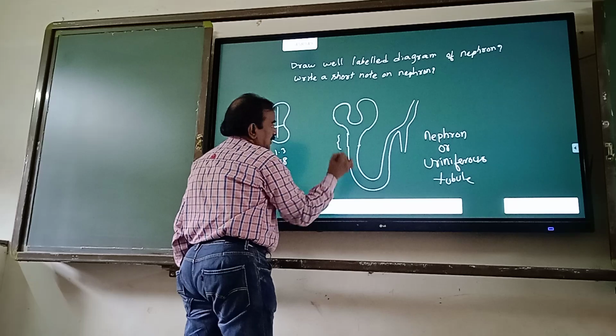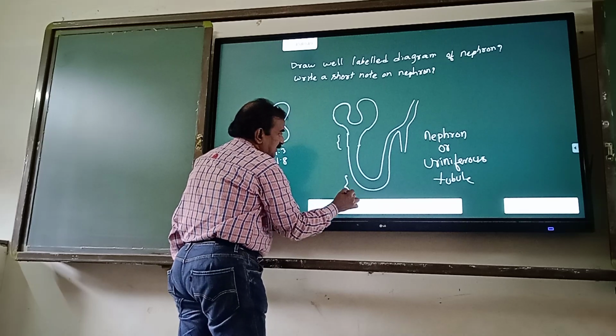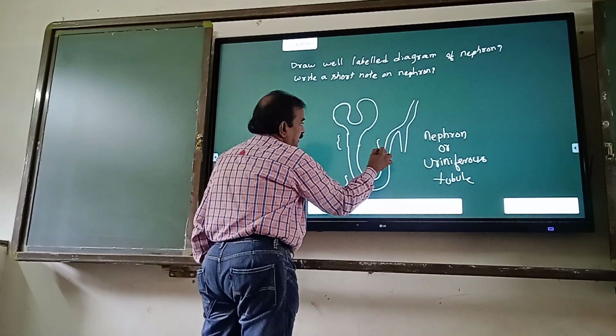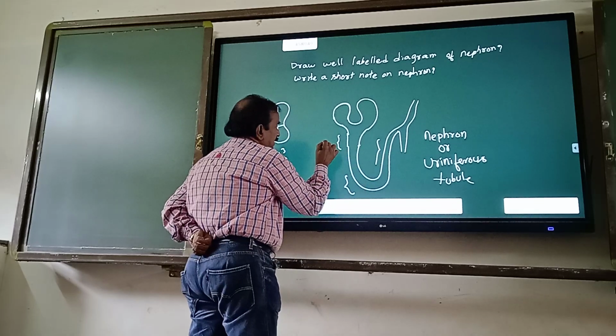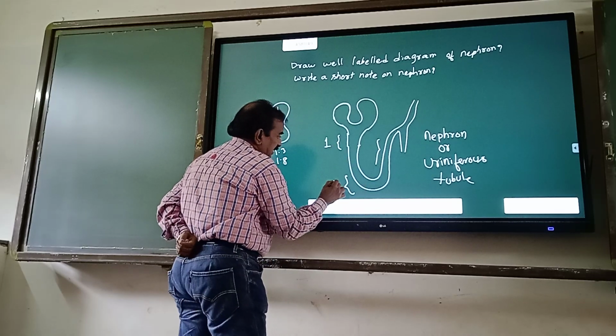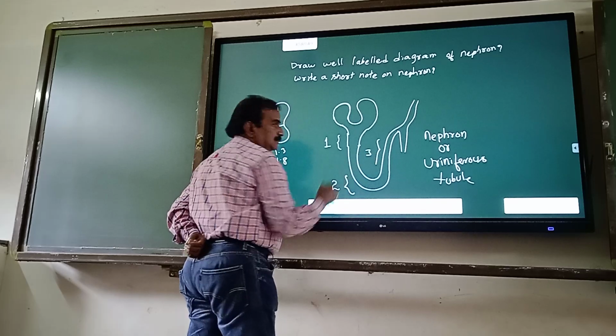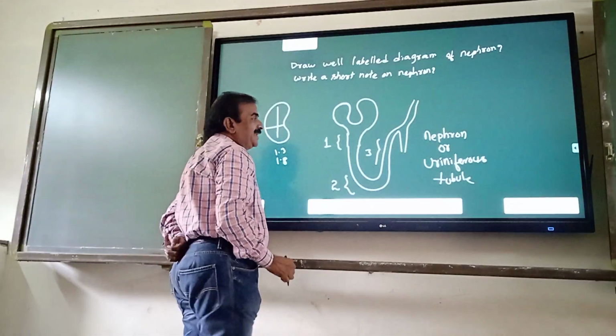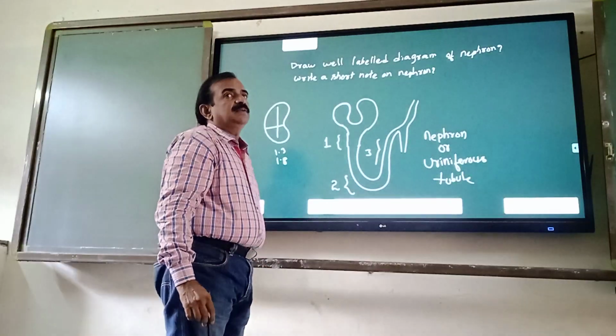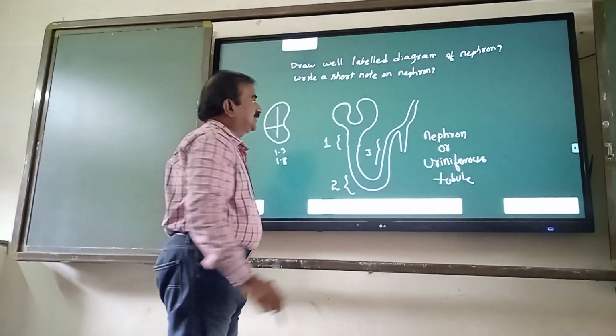This is the first part, and this is the second part, and this is the third part. So how many parts are there in the nephron? Three parts are there.